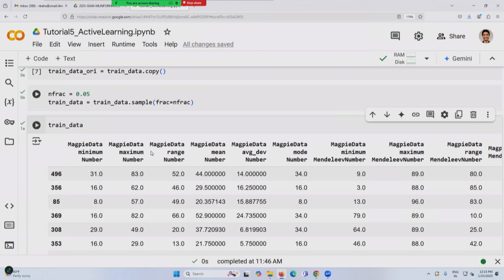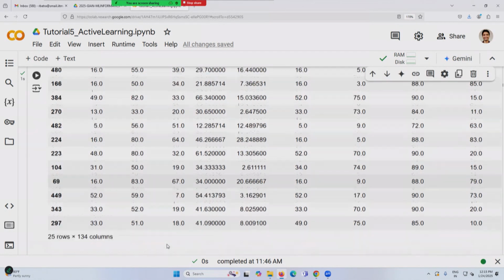Average, min, max, mode. Mendeleev number. So there is a Mendeleev's periodic table. How many of you are familiar with Mendeleev's periodic table? Just like the modern periodic table, there is a Mendeleev periodic table. So the minimum number in that case, and then similarly other, let's see how can I scroll there.